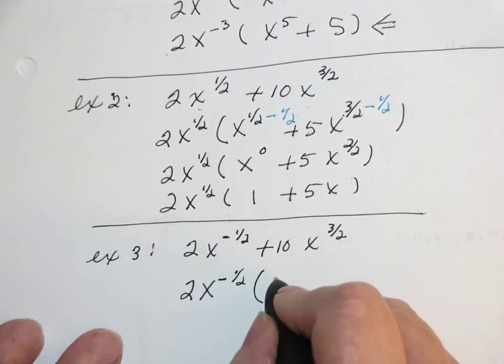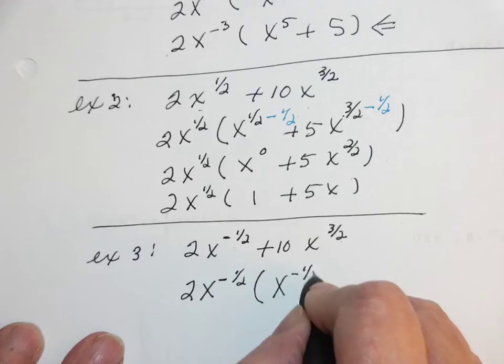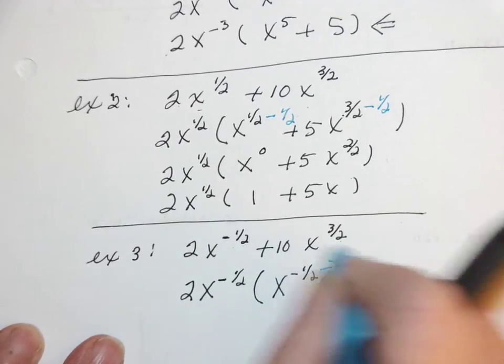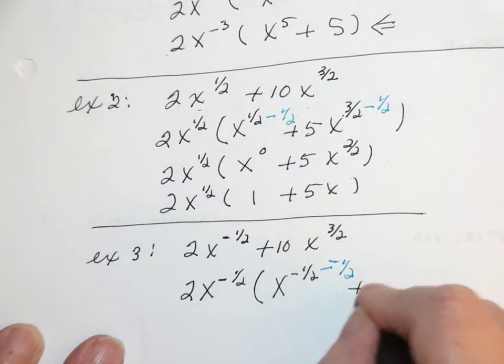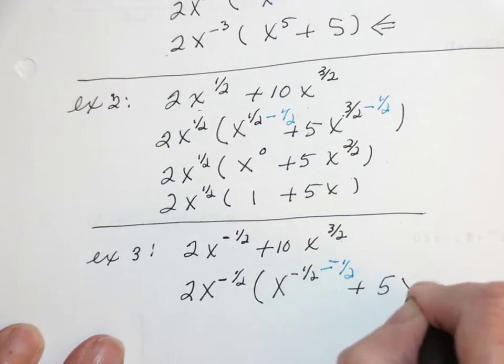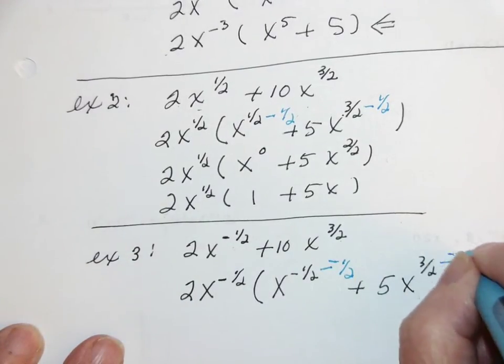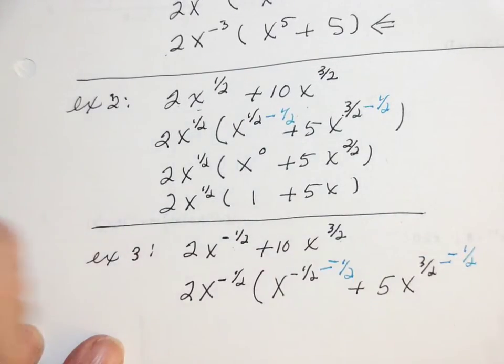I'm taking the 2 from the x to the negative 1/2. I am removing a negative 1/2 plus 5 from the x to the 3/2. I am removing a negative 1/2.